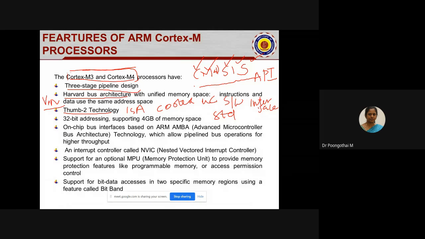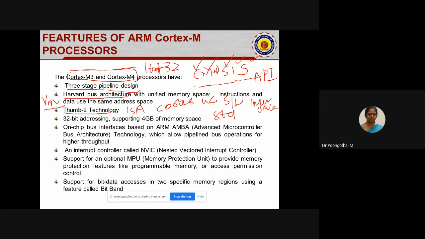Thumb-2 technology means a mixture of 16-bit and 32-bit instructions. So it is a combination of 16 and 32-bit instructions, and it supports the Thumb-2 instruction set architecture.